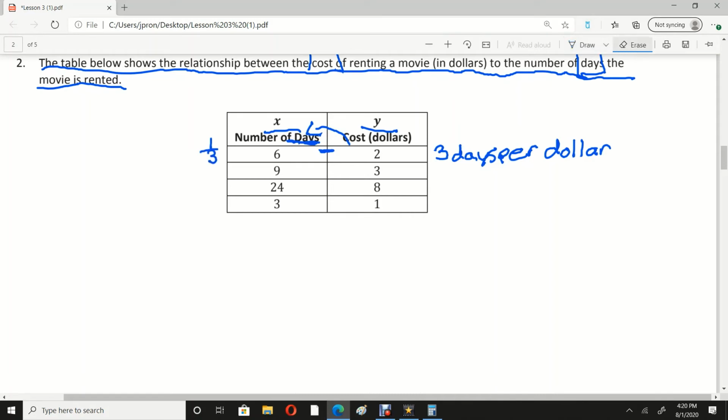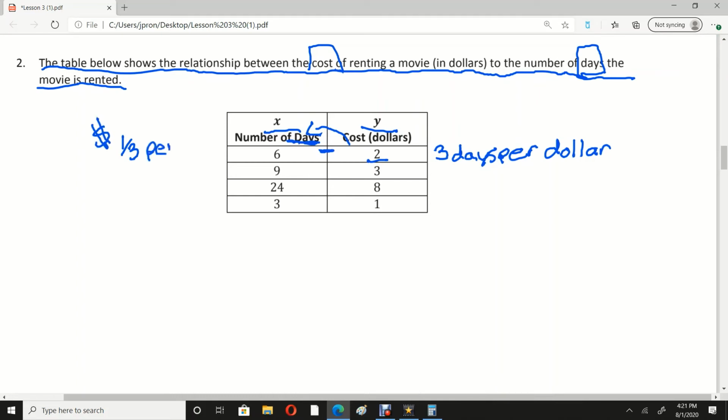Well, it would cost us 1/3 of a dollar per day. So over here, we found the unit rate of dollars per day, and over here, we found the days per dollar.